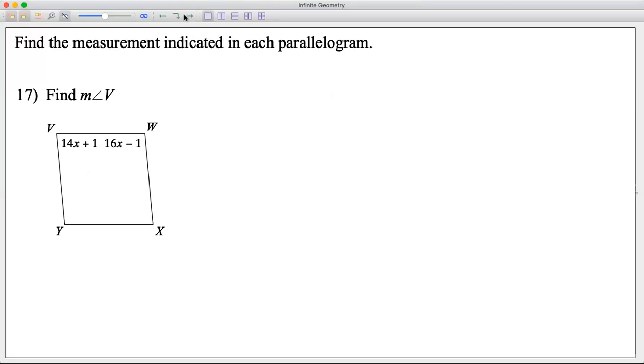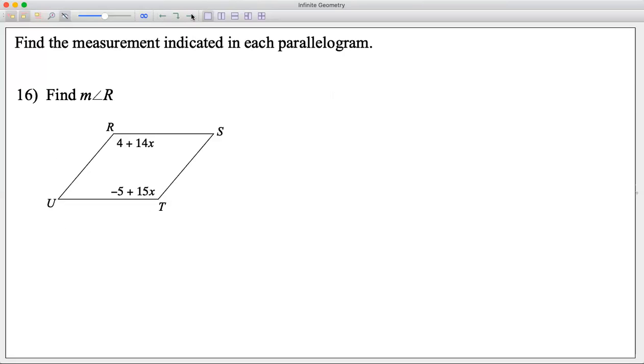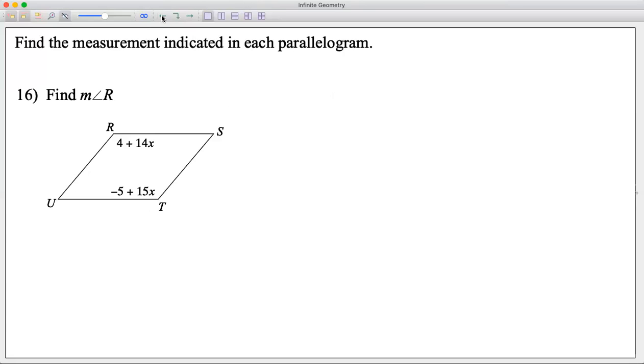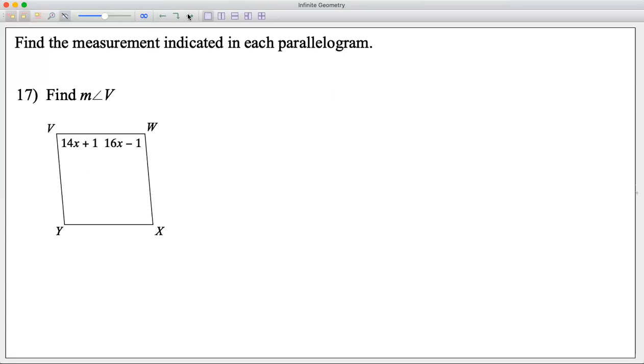All right, what's the difference between Ben, this one, 16, and 17? Well, with 16, the two angles equal each other, but with this one, it's 14. You add the two angles together and it equals 180. Perfect.